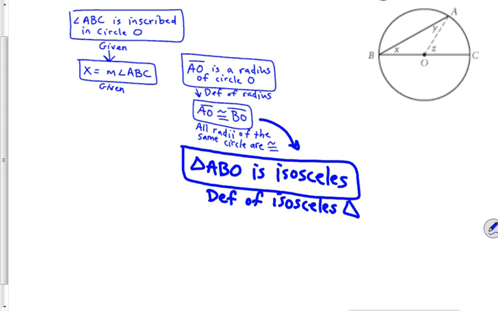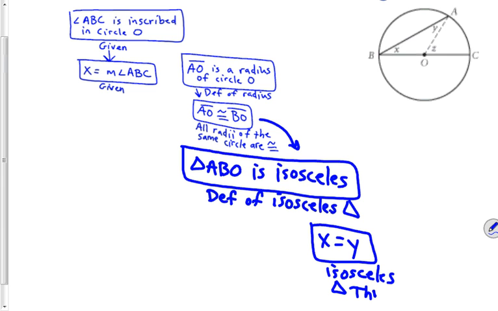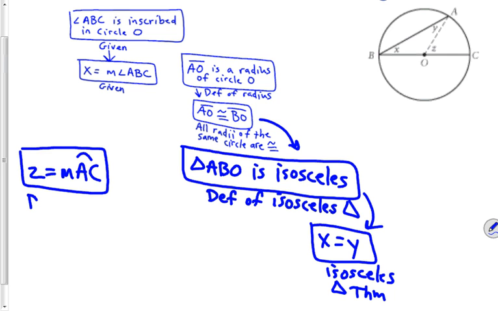All right, so now we have the isosceles triangle, so now we know that X equals Y, isosceles triangle theorem, and that is definitely coming down from there. So Z is the measure of our central angle AOC, so we can say that Z is equal to the measure of arc AC by the definition of arc measure.